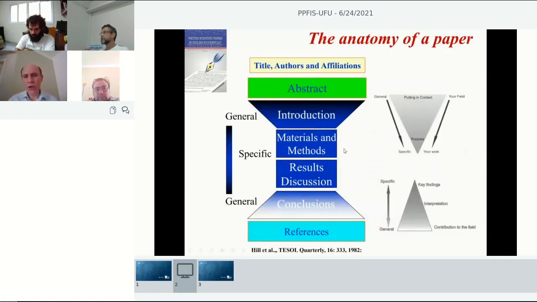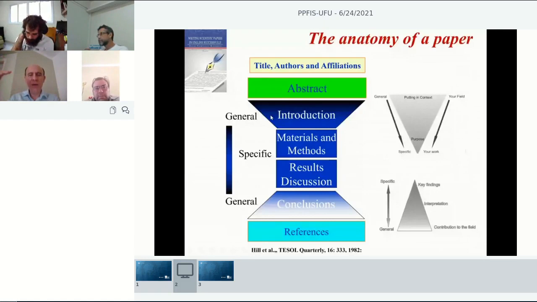So you start with a more general subject, the topic of your research, and then at the end of the introduction, you customize the introduction to mention what you have done. This movement is important because that's what a reader is expected to find.